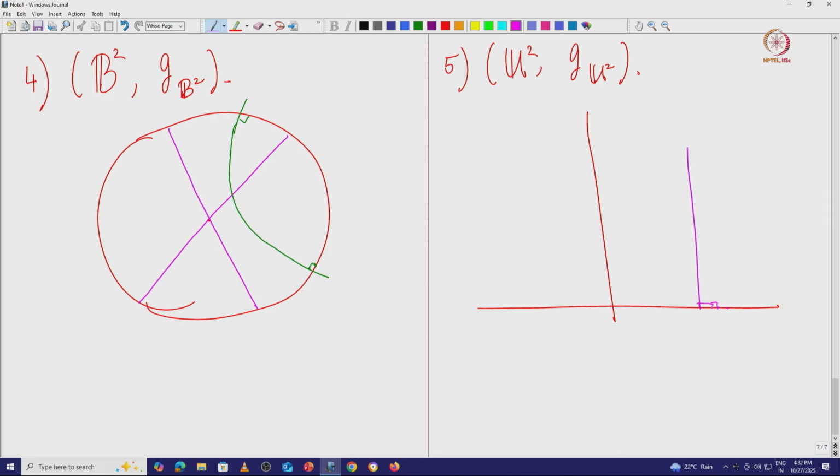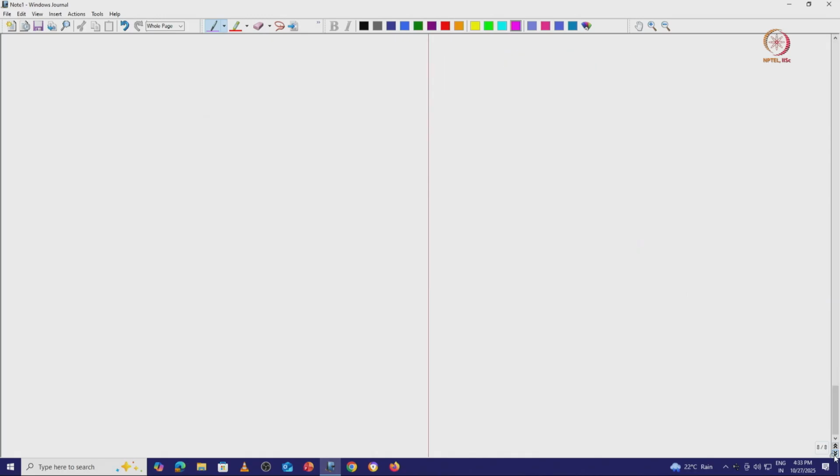So they are perpendicular to the x axis, which is the boundary of the upper half space, or they are semicircular arcs that are perpendicular. Okay. All right. So this describes geodesics on the upper half space.